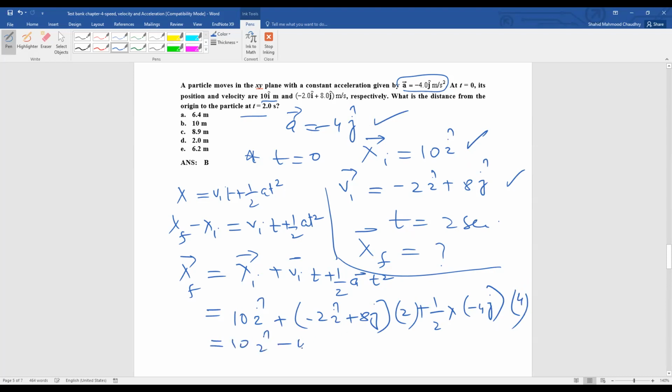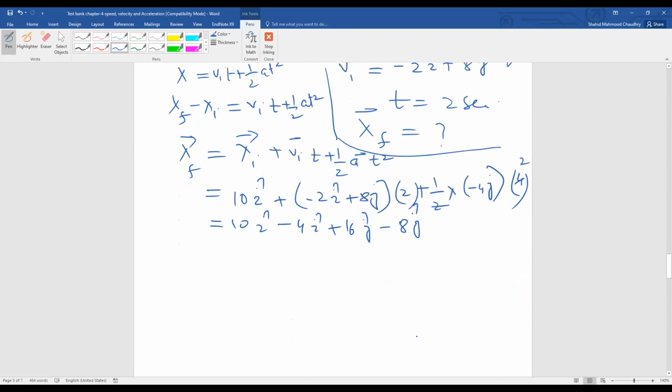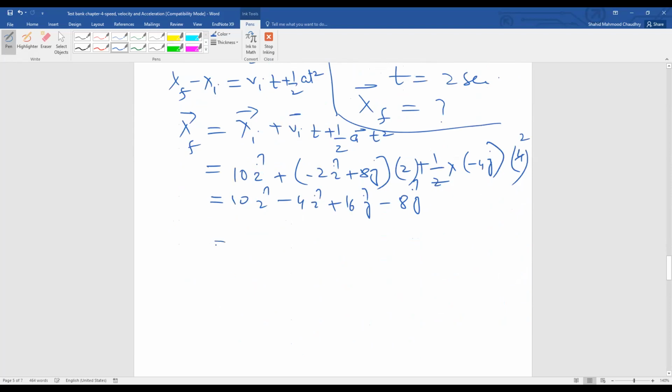And this is minus 4i plus 16j. And this is cancelled with this one. And this is minus 8j. Okay. So you can solve this one. This is 6i plus 8j. This is equal to xf.